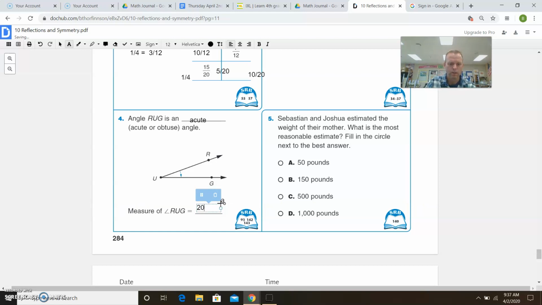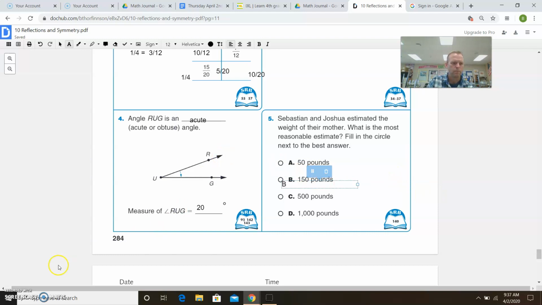So 20 degrees for that one. And Sebastian and Joshua estimated the weight of their mother. What is the most reasonable estimate? Well, Mom, it's got to be 150 pounds. So it is B, the correct answer. About 150 pounds.